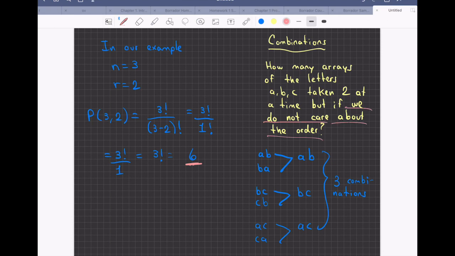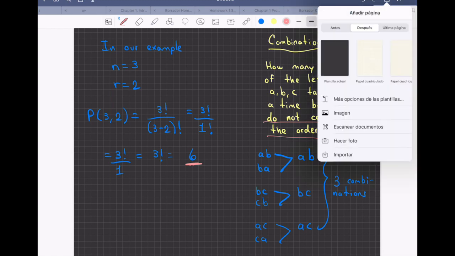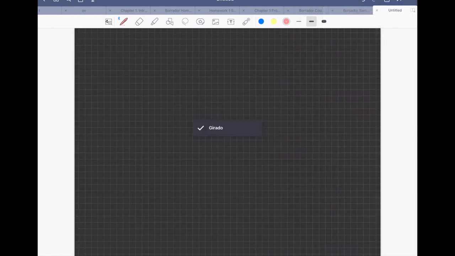We don't care about the order. And of course, we have a formula for this.